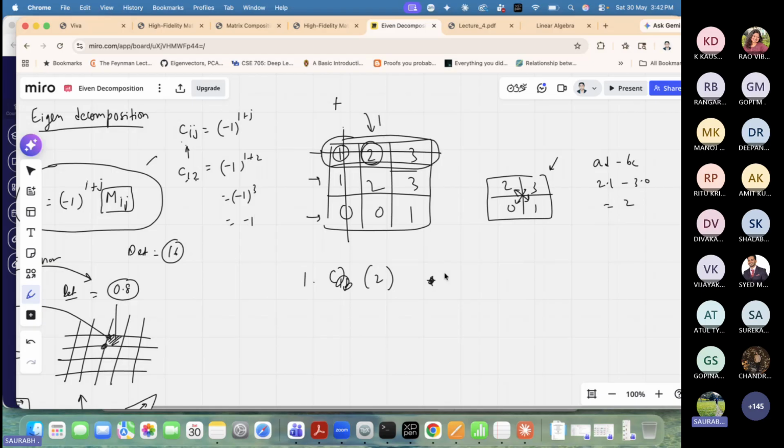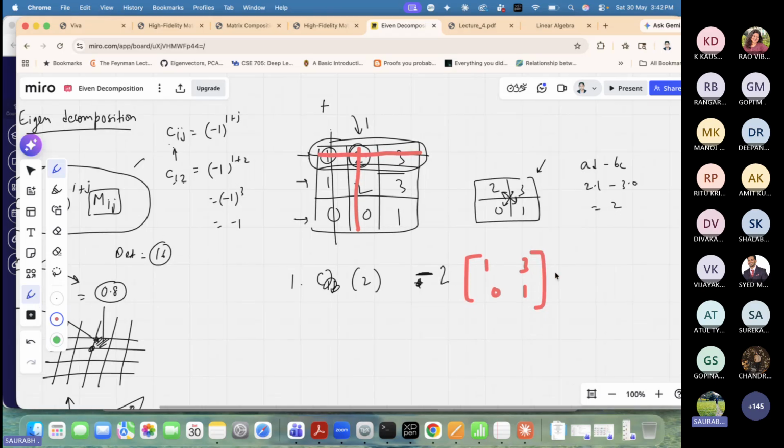Hence, you will first write negative, whatever value is there in that cell, which is minus 2, and then remove that row and column. So you will eliminate this column and this row, and what you get is 1, 3, 0, 1. Now you will find the determinant of this.